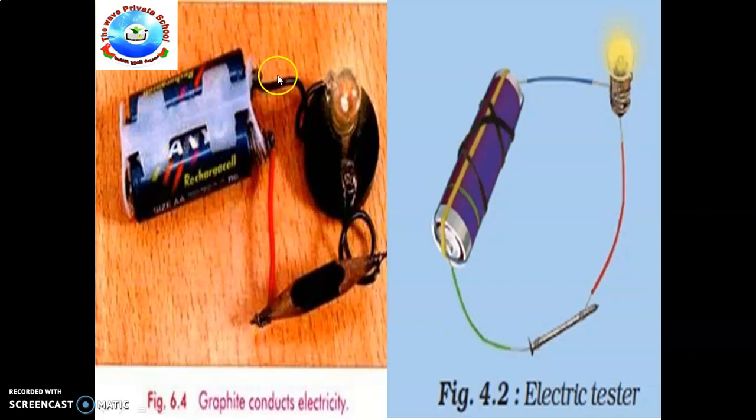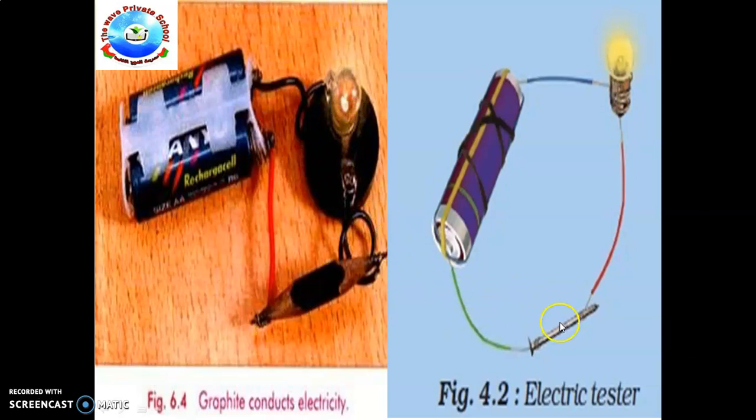The battery is connected to the light bulb, and the other connector is connected to the pencil, which is sharpened on both sides so that the nib comes out. The wires are connected to both sides of the sharpened graphite, so the bulb will light.